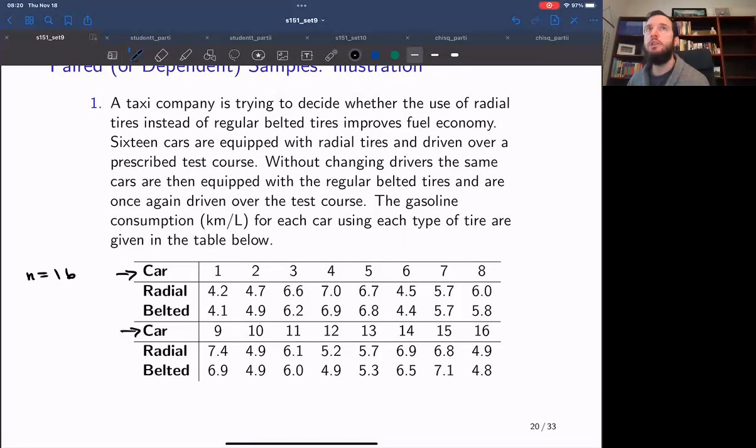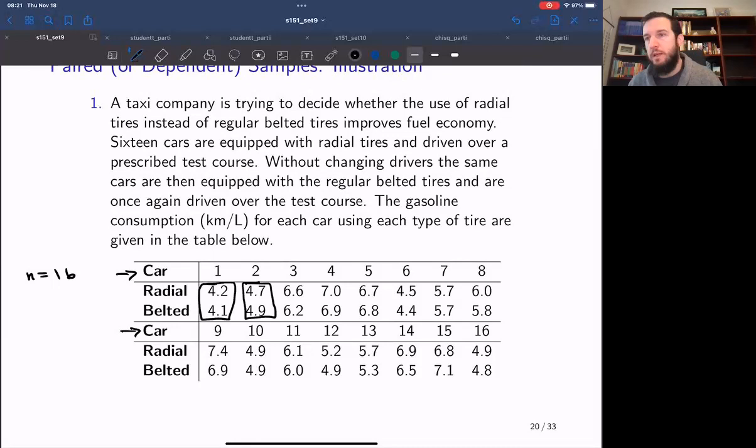Okay. Each car is giving us two measurements: gasoline consumption on the radial tire and gasoline consumption on the belted tire. Okay. So that's what we would think of as a natural pairing, or what we would think of as paired data. So for each observation, we have two values.